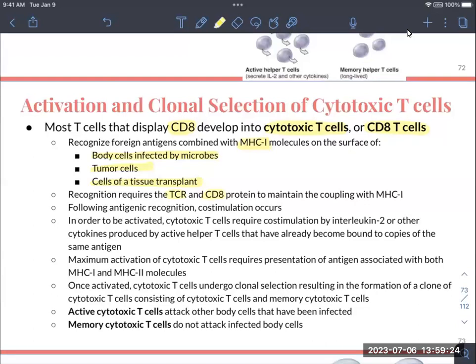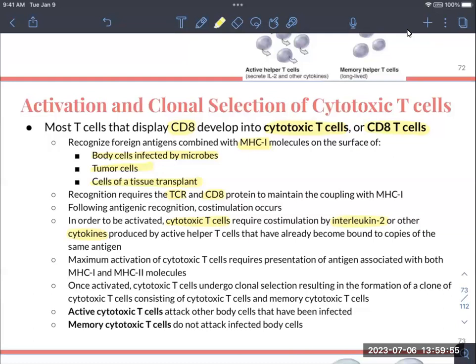After this recognition, these cytotoxic T cells become activated, and they actually require stimulation by interleukin 2 or other cytokines from these helper T cells. They also bind to these same antigens for these cytotoxic T cells to become activated. It takes one more step to cause these cells to become activated.